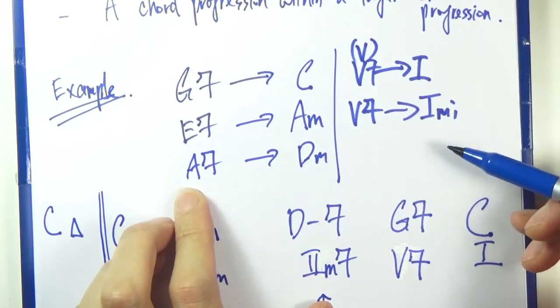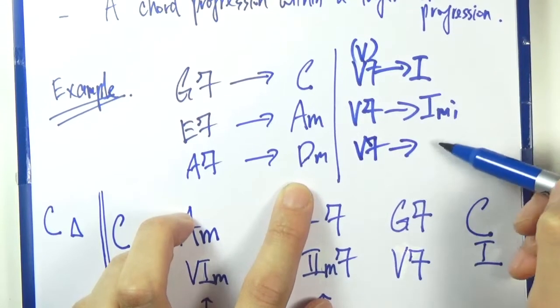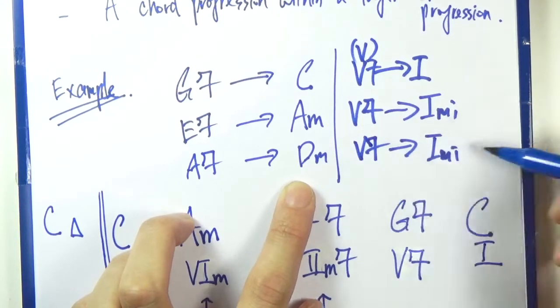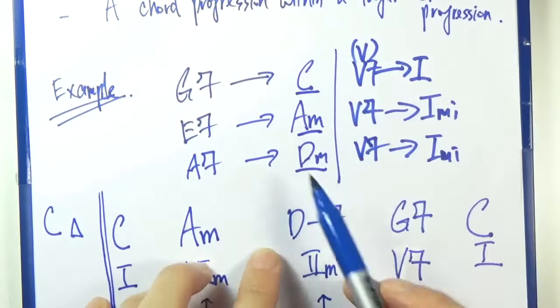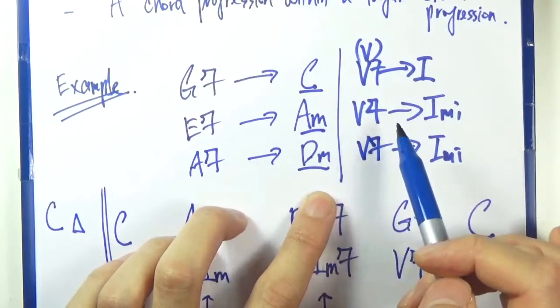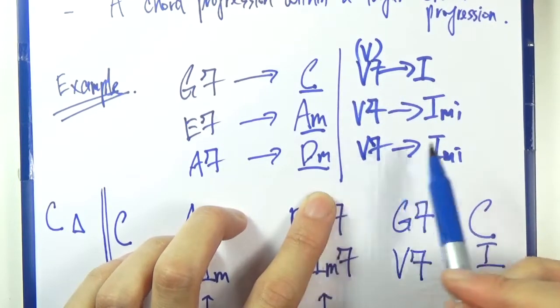The last one is also a 5-1, a dominant 7 to 1 minor, but in D minor. So D minor, A minor, C, but these are all 5-1s in their respective keys. Nothing fancy here. It should be a piece of cake for you to determine the chord qualities and the Roman numerals.